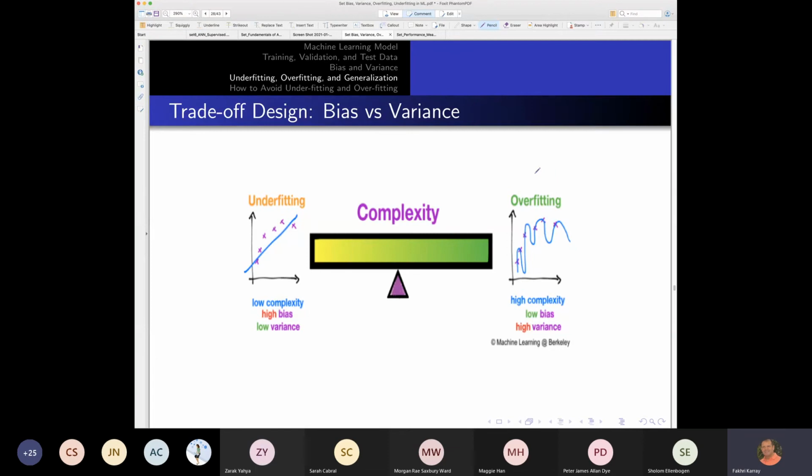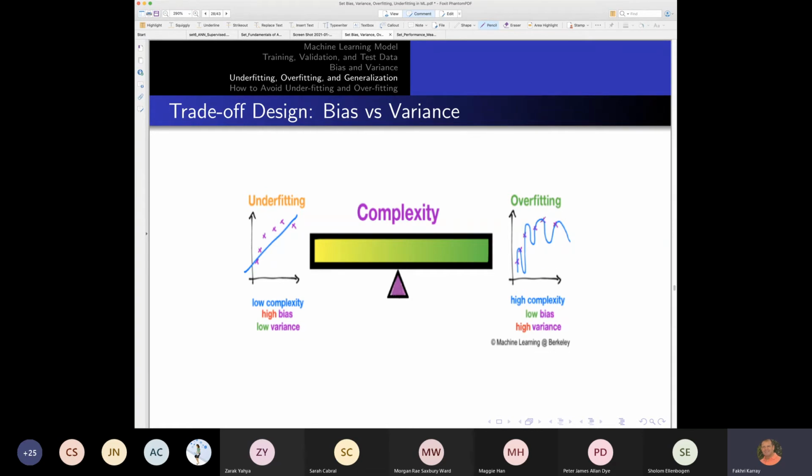Okay, so now let me show you this picture that I took from the internet, and it shows the complexity balance: we should not have low complexity and we should not have high complexity. You see here, the system is underfitted. This is a bad system because it has high bias and low variance. This is a bad system because it is overfit. It has low bias.